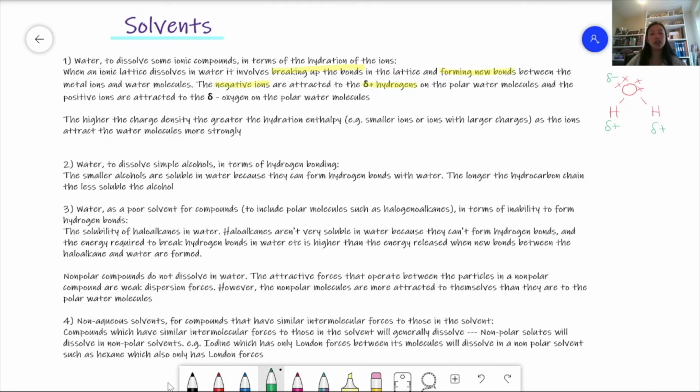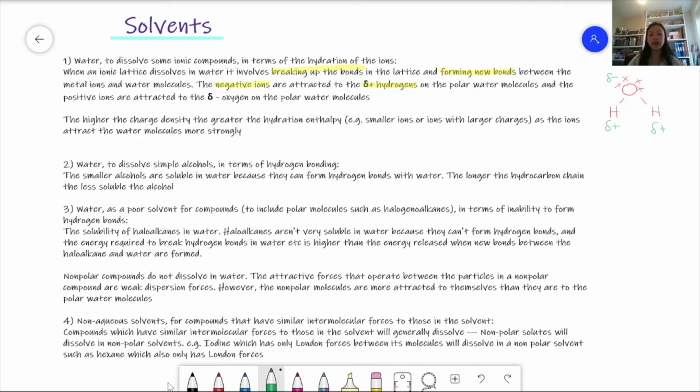And so the higher the charge density, the greater the hydration enthalpy. So the hydration enthalpy is how well it absorbs the water, so basically bonds with the water. And charge density is basically how much charge it has in a small amount of space. So smaller ions or ions with larger charges, as the ions attract the water molecules more strongly.